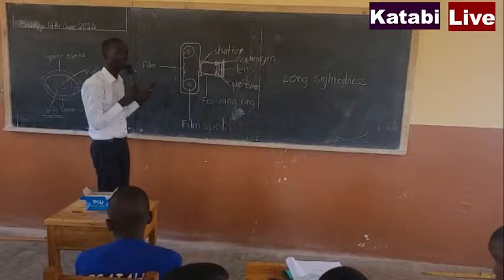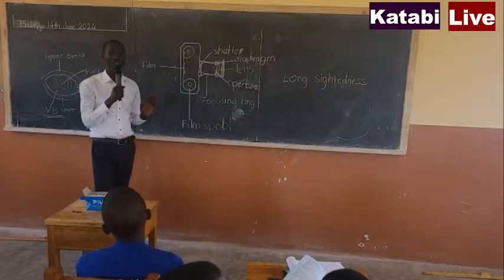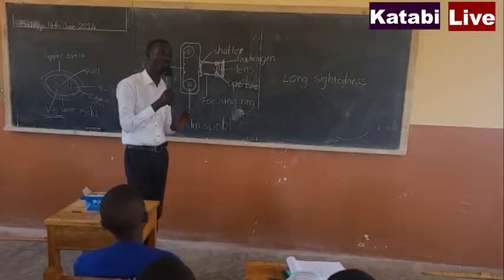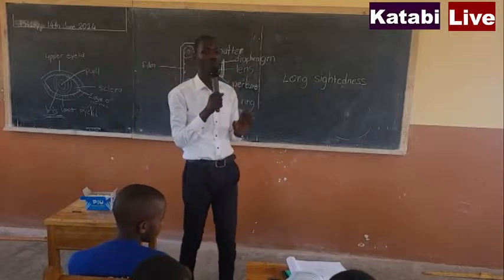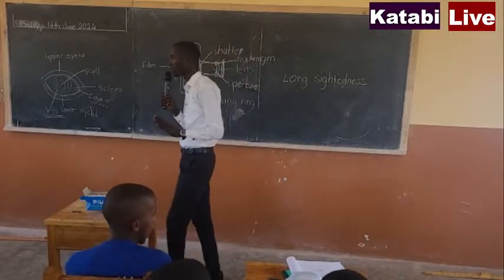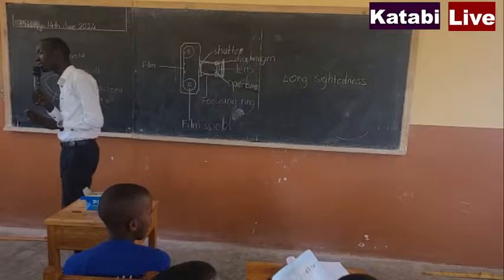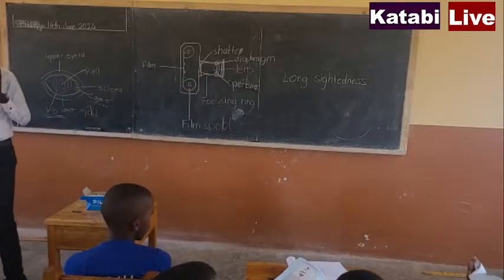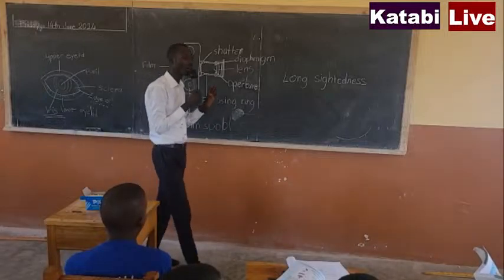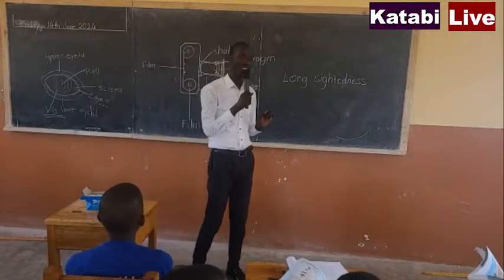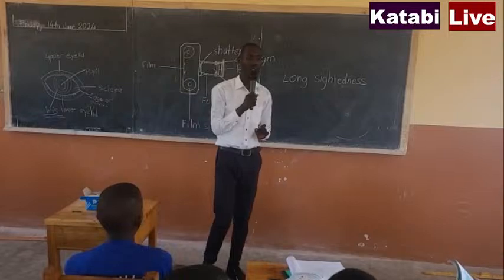They have handled the eye defects, and we know that an eye defect is a condition when he or she is unable to see normally. They have talked of long-sightedness, short-sightedness, color blindness, and old age sightedness. Are we together?